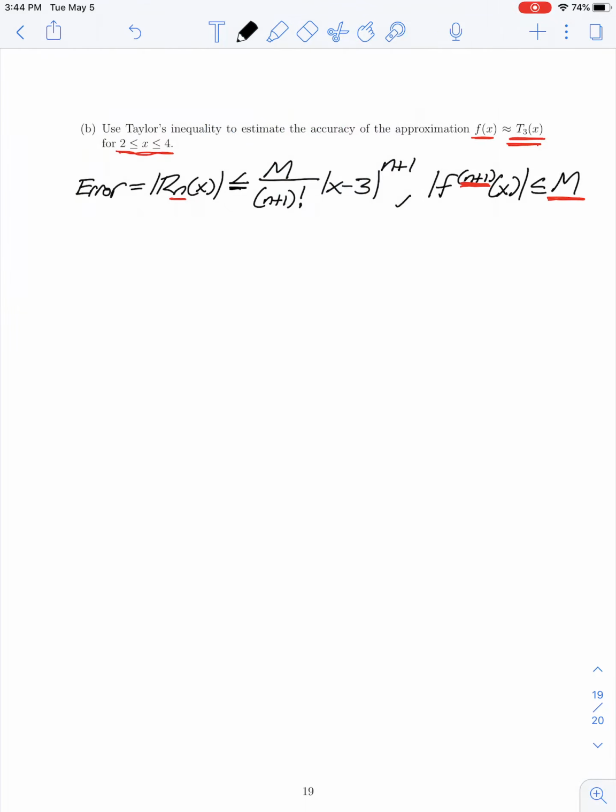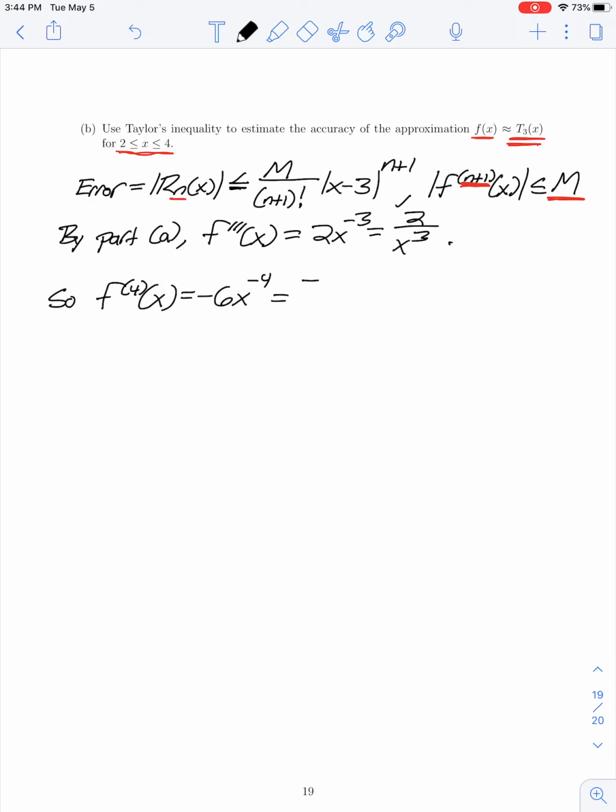So using our work from the previous problem, part A, we had already found the third derivative, f triple prime of x, of this function to be 2x to the negative third, or 2 over x cubed. So our fourth derivative of this function is given by negative 6x to the negative fourth, or negative 6 divided by x to the fourth power.